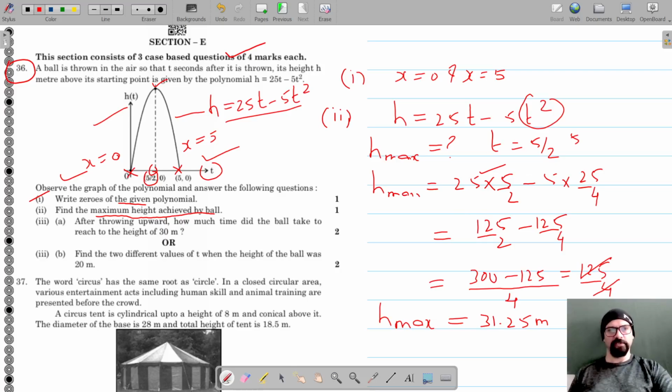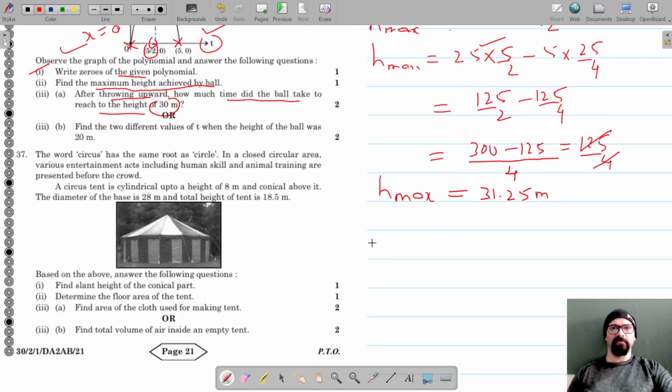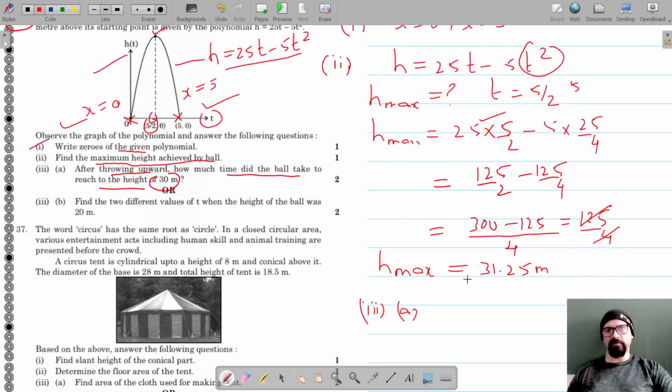Now for the third part, we have to find after throwing upward how much time the ball took to reach a height of 30 meters. So let's once again use the equation of the polynomial 25t minus 5t square.